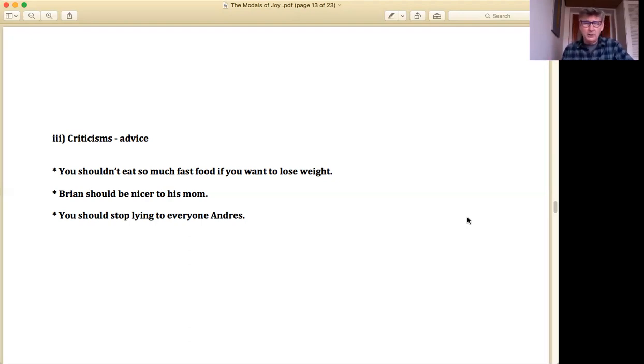You shouldn't spend so much time on TikTok. You should stop lying to everyone. When there's something negative in it, that's criticism, okay? And so this is a place we use it. It's connected to advice or recommendation, but criticism's a little more negative, and we're going to use should with that.